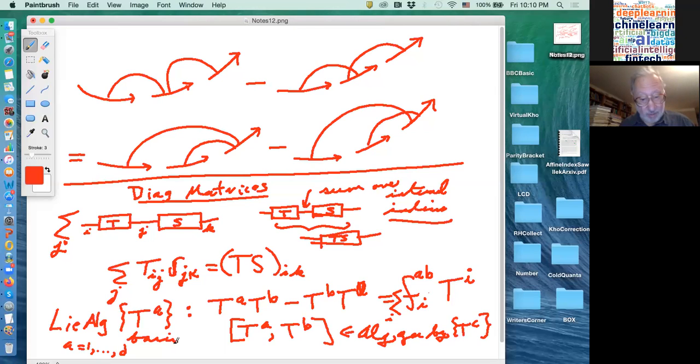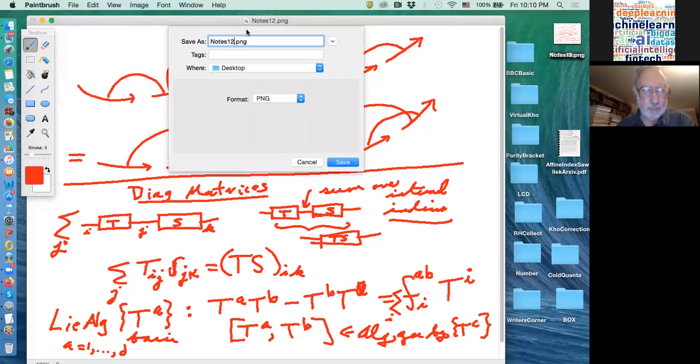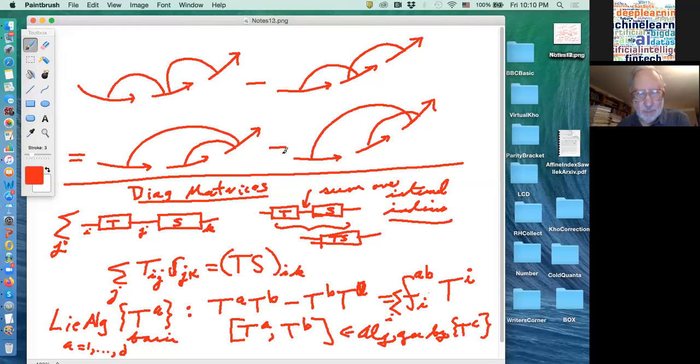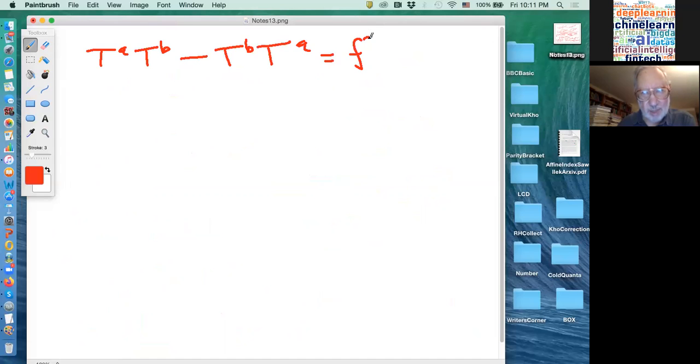But let's diagram this. So I wish to diagram T_A T_B minus T_B T_A equals a bunch of constants. They're called the structure constants.